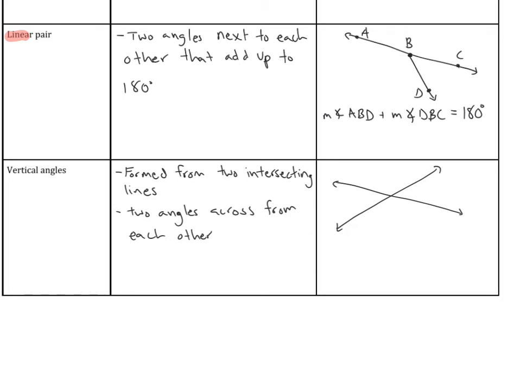I'll name them with the numbers. So we had 1, 2, 3, 4. Let's call this angle 5, 6, 7, and 8. Now, angle 5 and angle 7 are directly across from each other. So angle 5 and angle 7 are vertical angles.